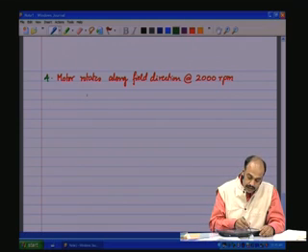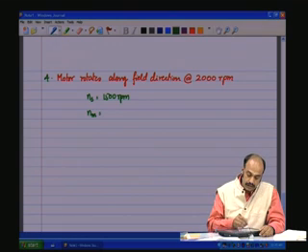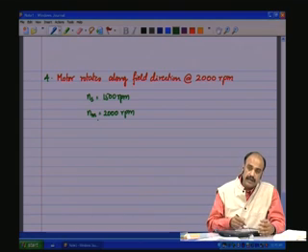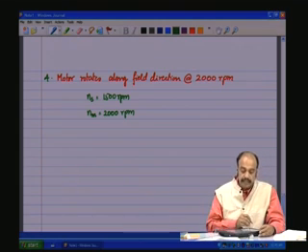So we see here NS is 1500 RPM. NM, the speed of the shaft, is 2000 RPM. This means that the mechanical shaft speed is greater than the synchronous speed.